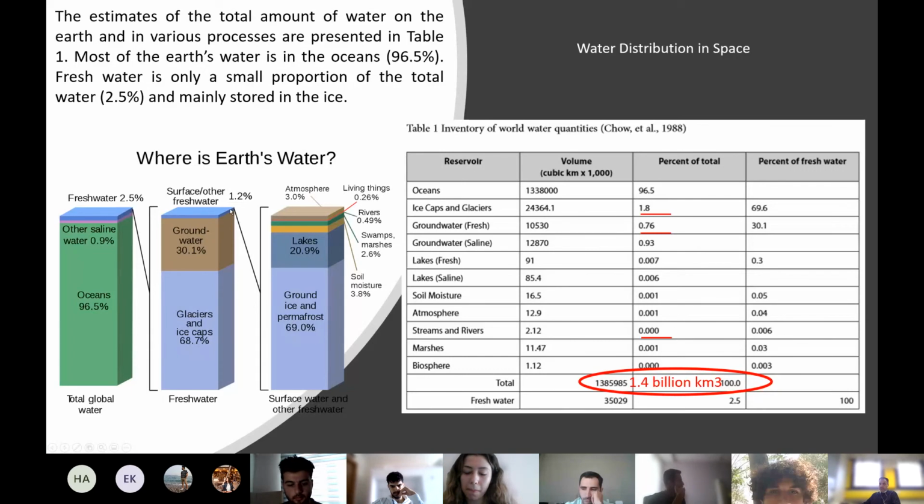About fresh surface water, 70% is ground ice and permafrost. I will talk about this definition. What is ground ice?